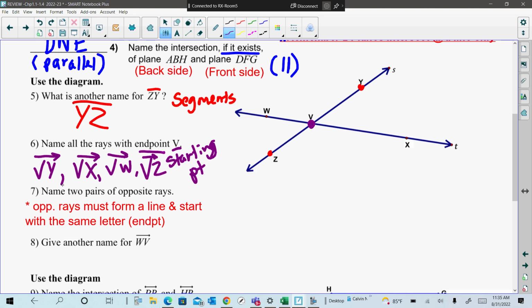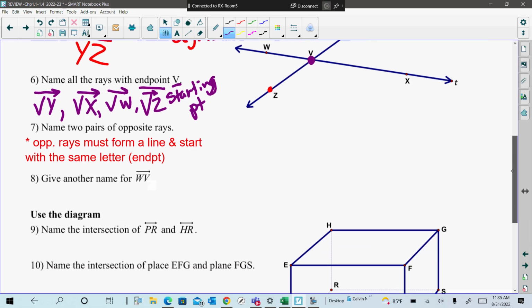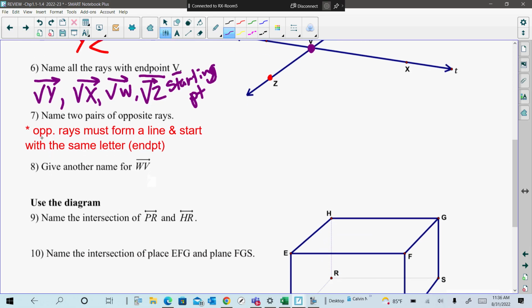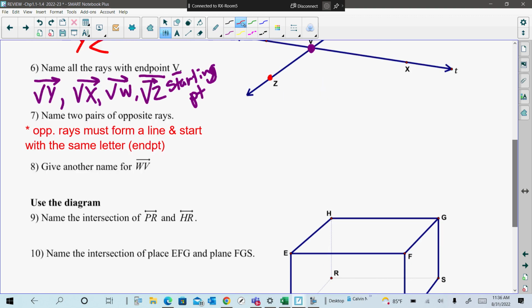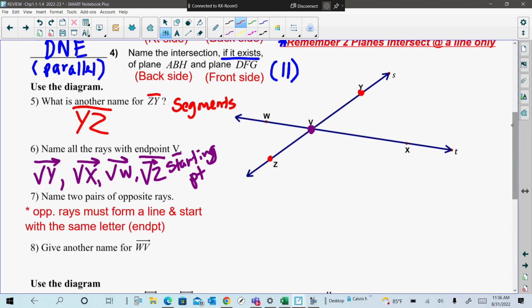But the letter that is your endpoint is your starting point, so it has to start with V. Make sure you understand that to have a pair of opposite rays, they must form a line and start with the same letter or endpoint. There are two sets here. I could start with my point V here, and I can go this direction, which would be VY.